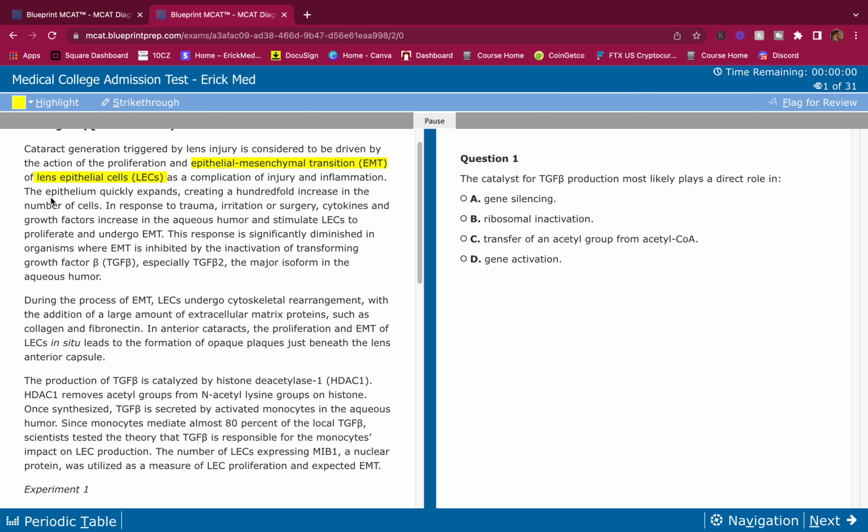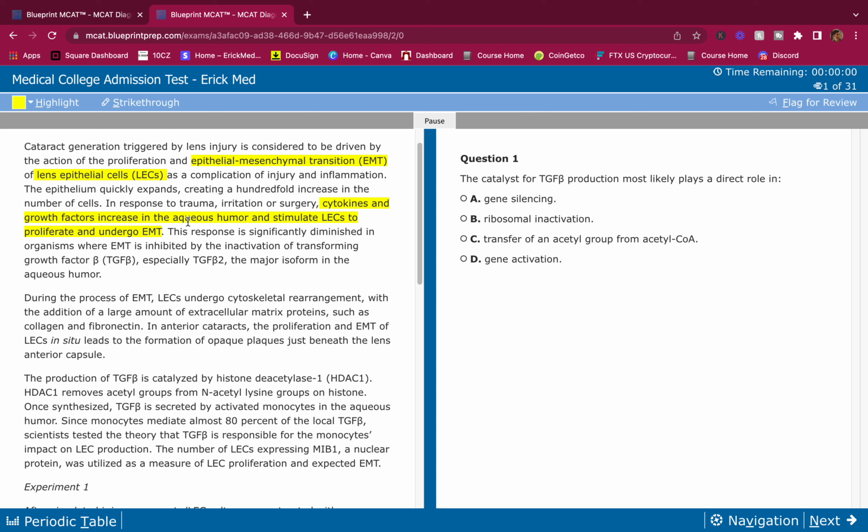Cool. The epithelium quickly expands, creating a 100-fold increase in the number of cells. In response to trauma, irritation, or surgery, cytokines and growth factors increase in the aqueous humor and stimulate LECs to proliferate and undergo EMT. Make sense? Okay.